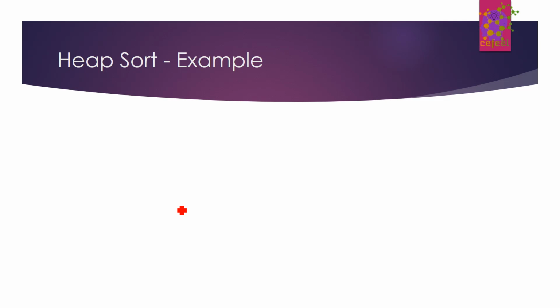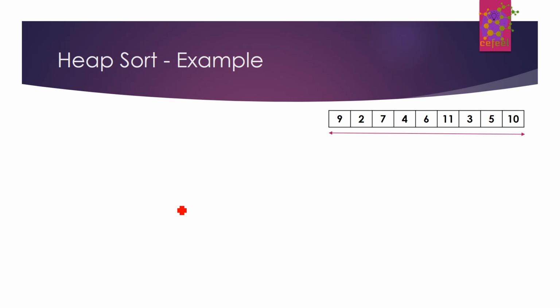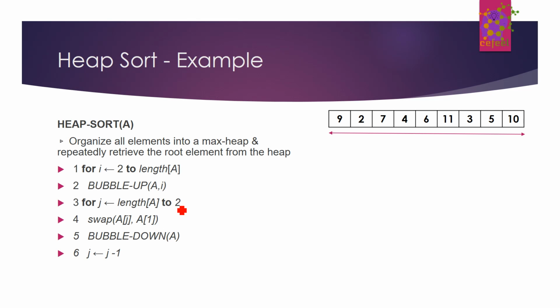So let's now see this bubble down, bubble up and the sorting of the heap using a concrete example. We'll take the similar example which we have been taking for the other sorting algorithms. So let's say we have this array, we have 9 elements, and the elements are out of order. You can see 9, 2, 7, 4, 6, 11, 3, 5, 10. And let's apply heap sort on this array. So here is the heap sort algorithm, and as we can see, step 1 and step 2.